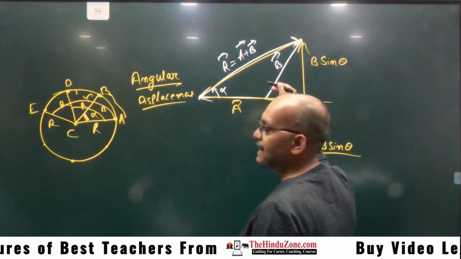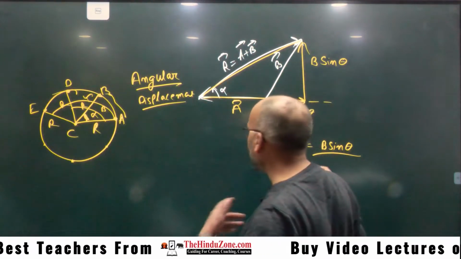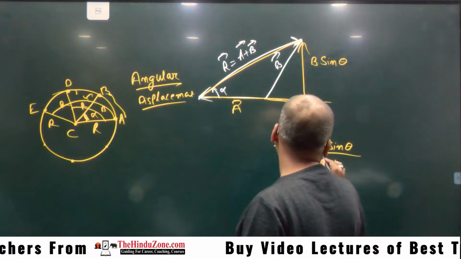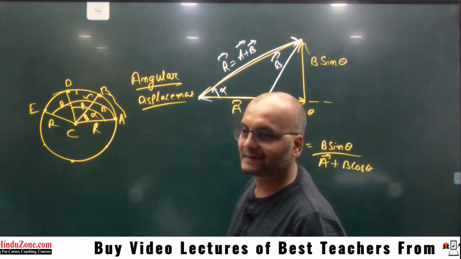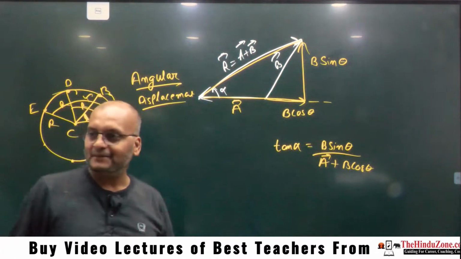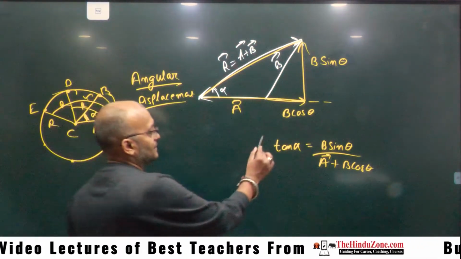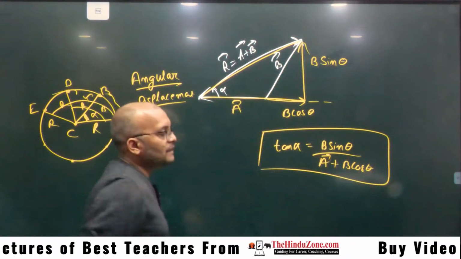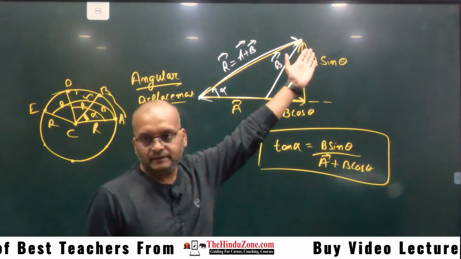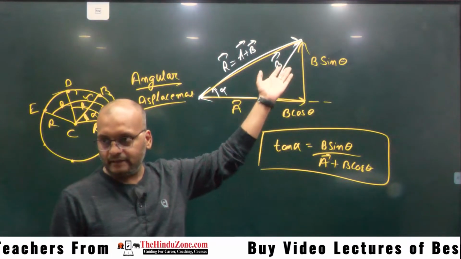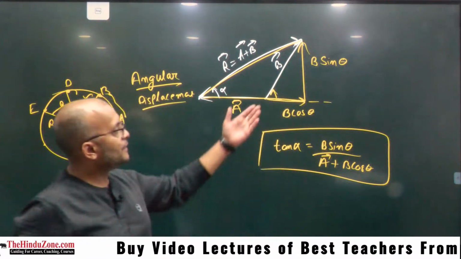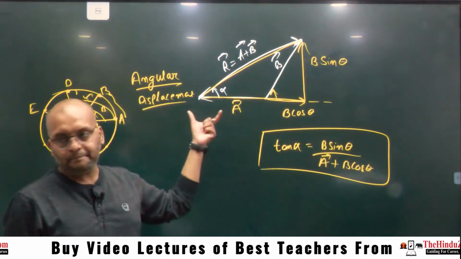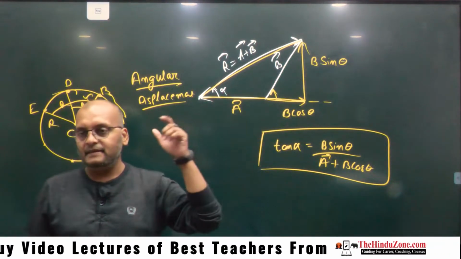Okay, that is why I had drawn it in this way. A plus B cos theta. Okay. So people learn this. No need to learn. See, you had resolved it. Hello, you had resolved it B, and the bigger triangle you took. This is the base. A plus B cos theta. What is base?